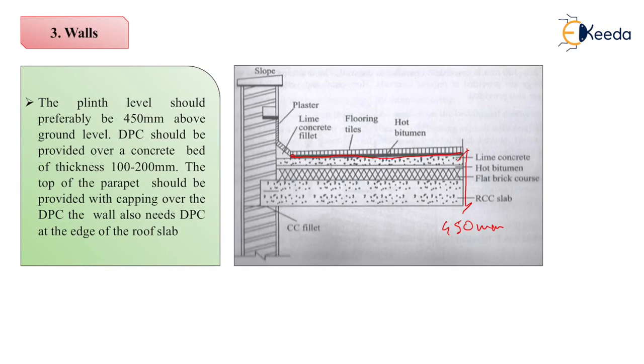The top of the parapet should be provided with a capping over the DPC. The wall also needs DPC at the edge of the roof slab. As you can see over here, we have provided a DPC layer. Whenever parapet walls are there, over these parapet walls also we provide DPC layers.